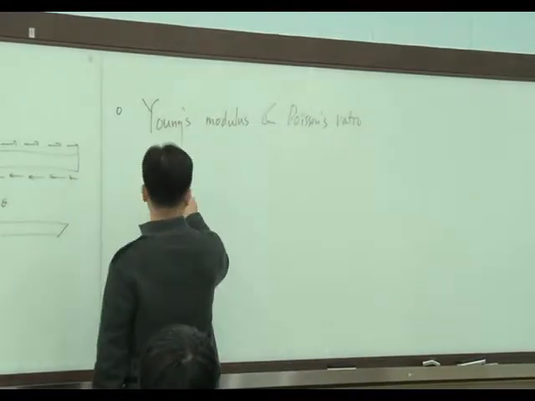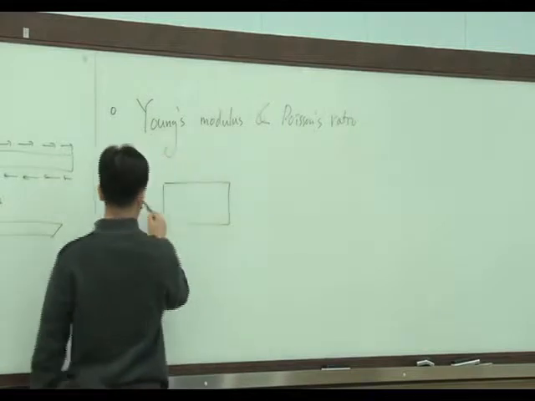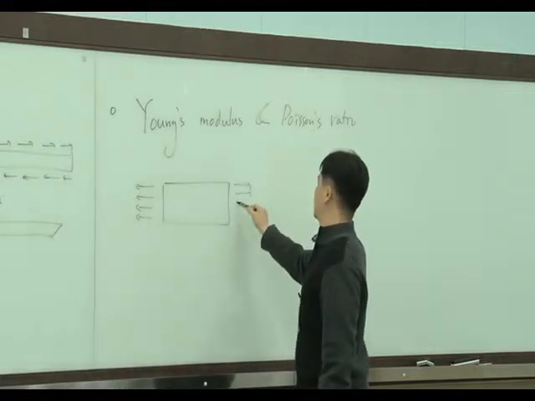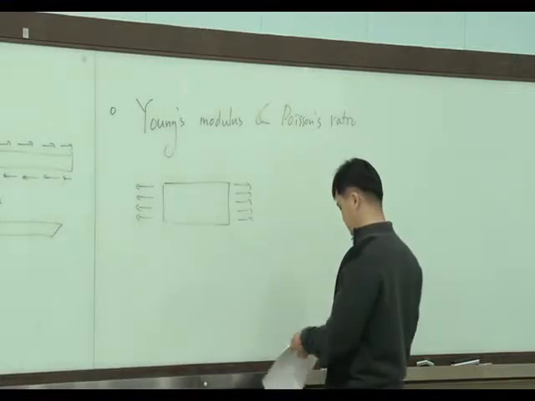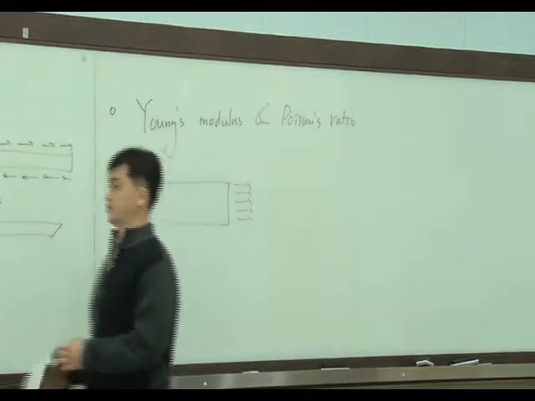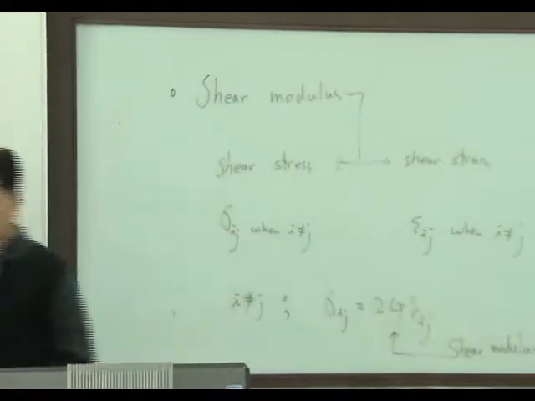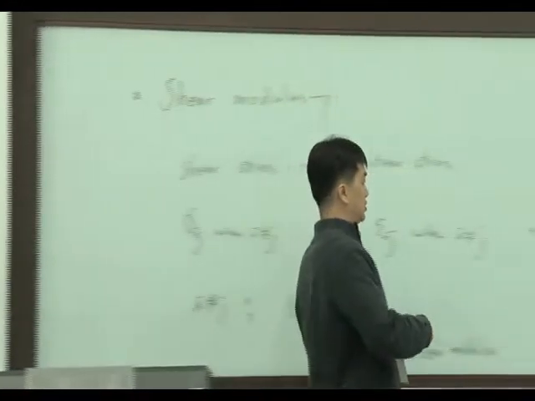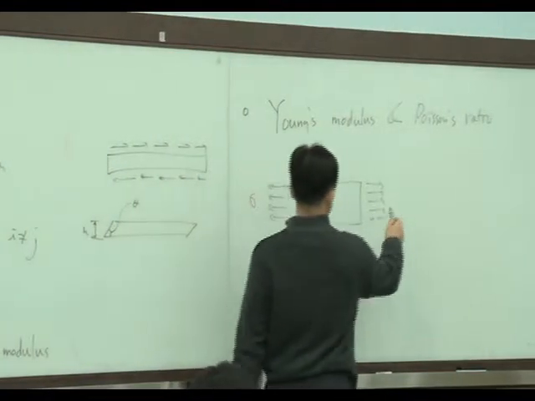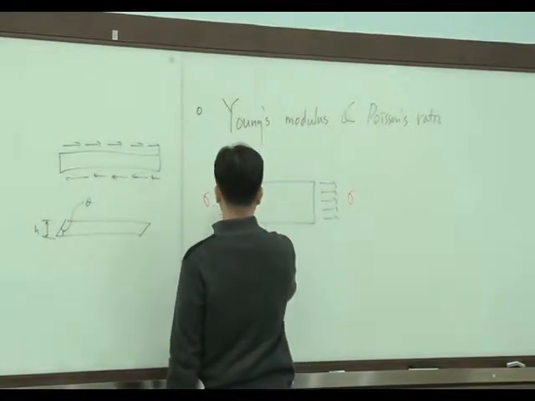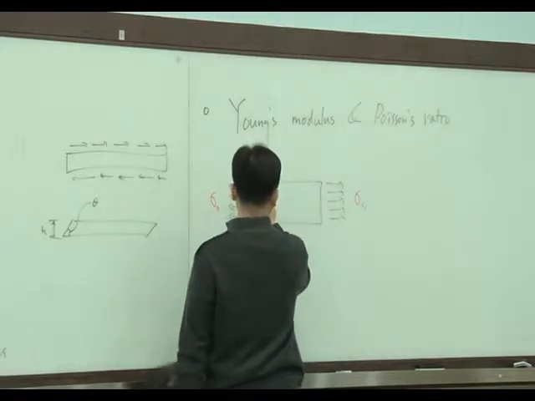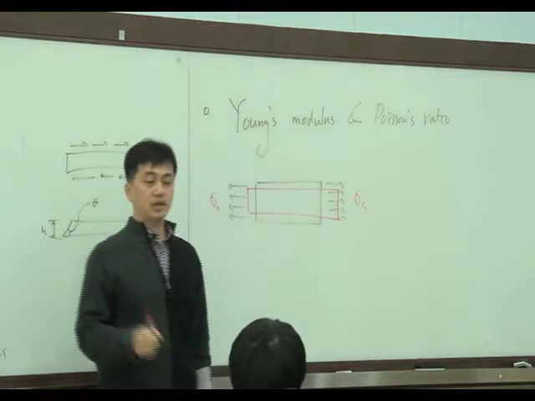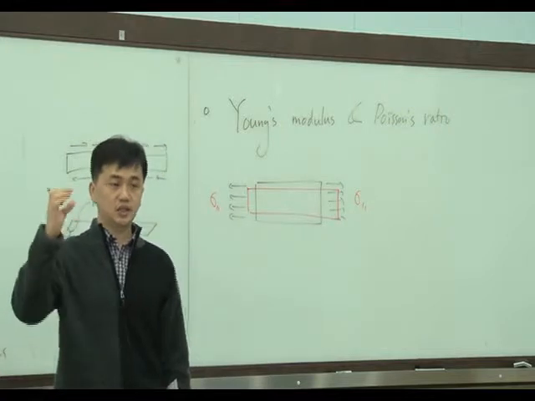So let's say here is a bar, and I give some tensioning stress somehow, okay? Say sigma 1, 1. This bar will stretch in the E1 direction and contract in the E2, E3 directions, right?